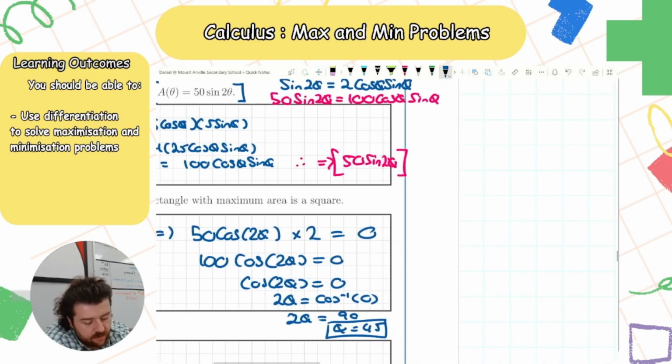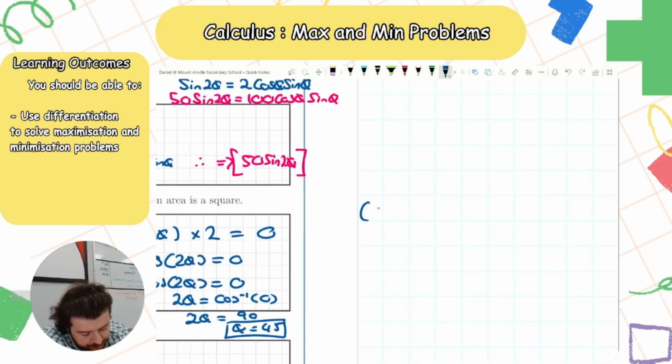And if theta is equal to 45, we look here, x, y. So x is 5 cosine 45 and y is 5 sine 45.